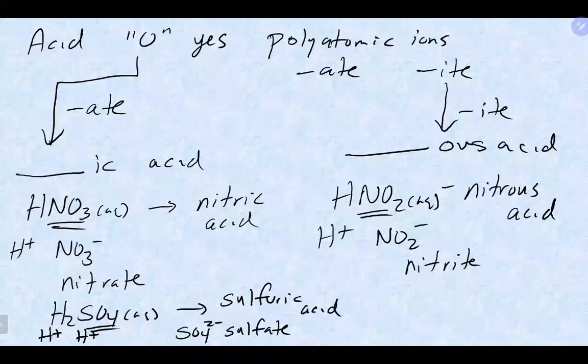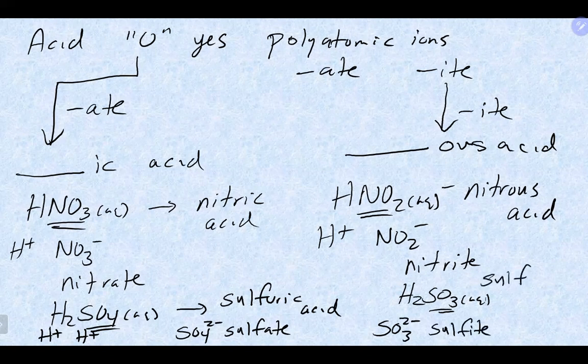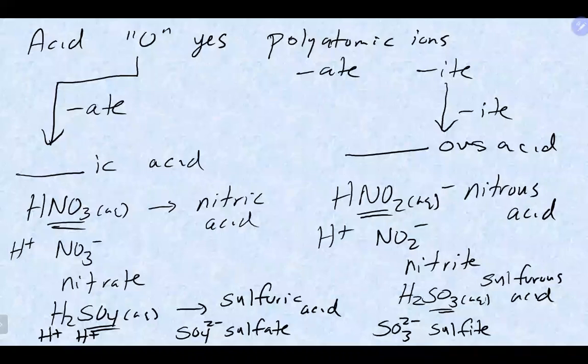If you had something like H2SO3, SO3 is SO3 2 minus, which is sulfite. This will be sulfurous acid. So if it ends in ite, OUS for the acid. And if it ends in ate, the polyatomic ion, ic. If it has oxygen and it's an acid, you should never have hydro. Yeah, it's wrong. So hydro is only for the ones with no oxygen.